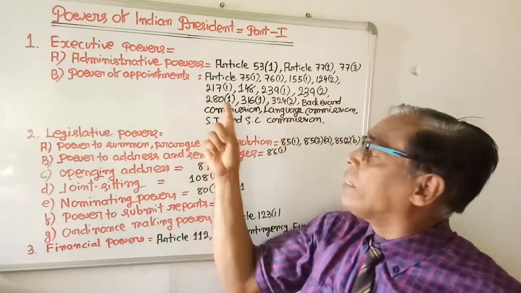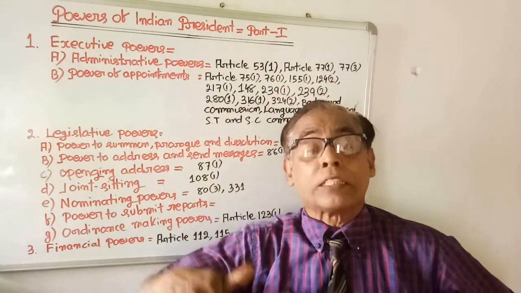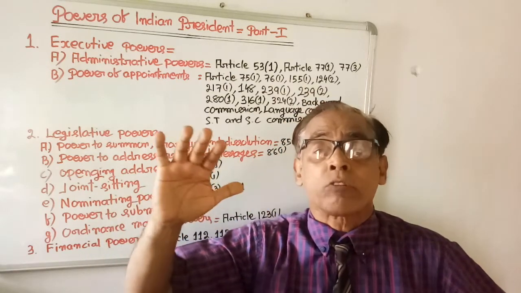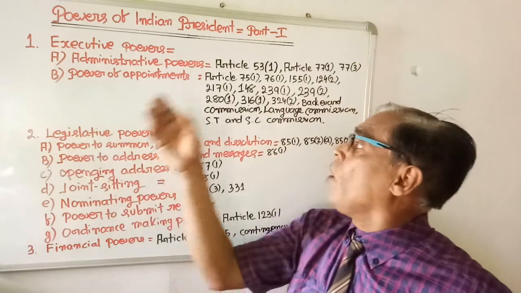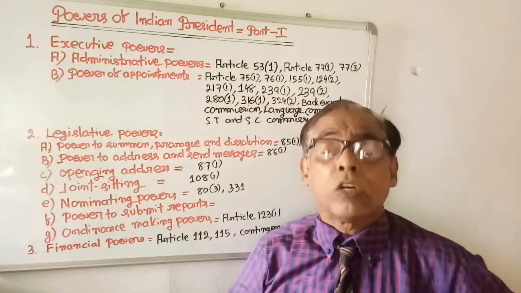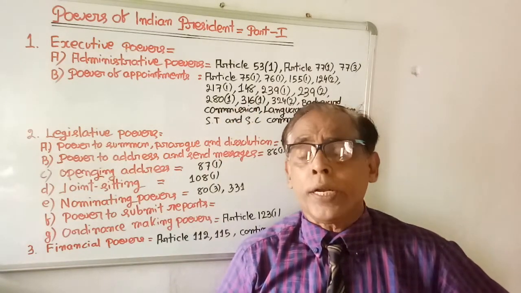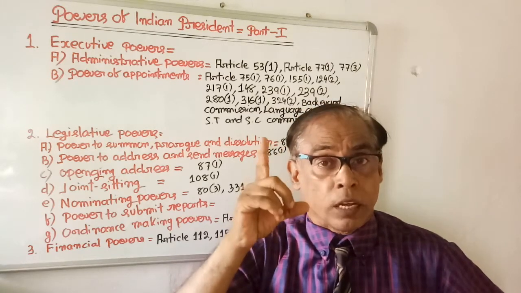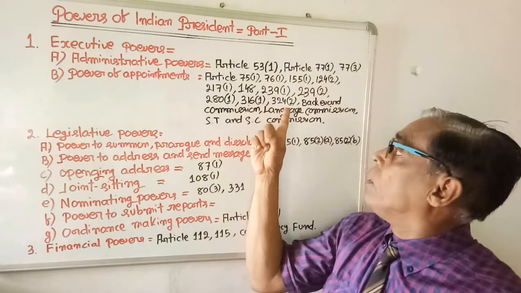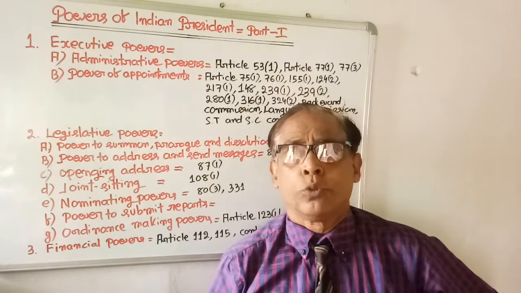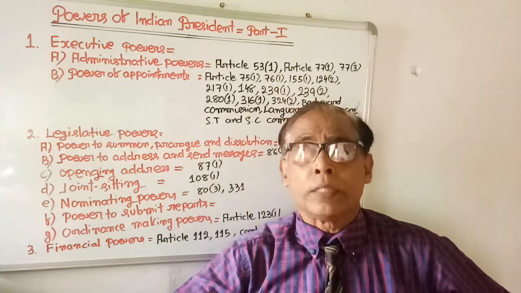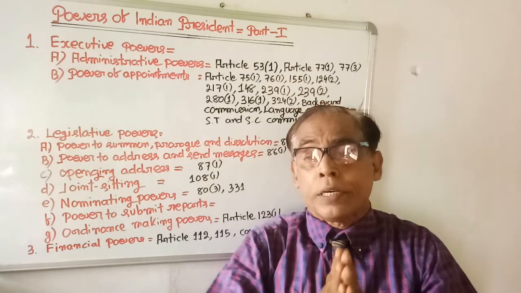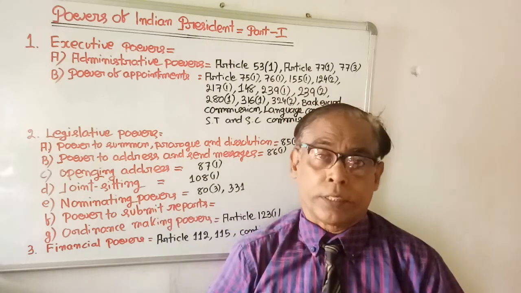Then, under Article 280 Clause 1, the President will appoint members of the Finance Commission. Under Article 316 Clause 1, the President will appoint members of the Union Public Service Commission. Under Article 324 Clause 2, the President will appoint the Chief Election Commissioner and other election commissioners.